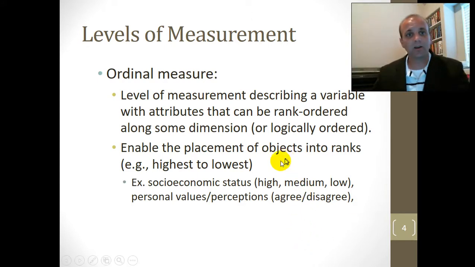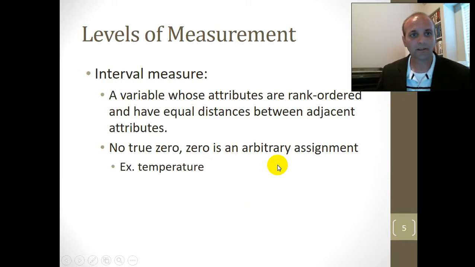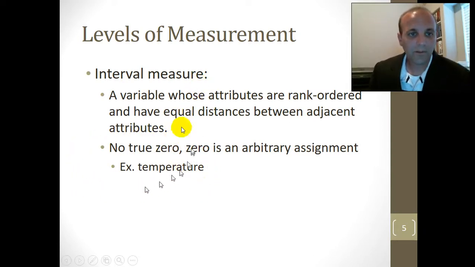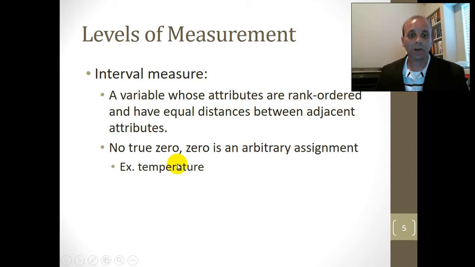So on that note, we go into a more complex level of measure. It's the interval level of measure. An interval measure is a variable whose attributes are rank ordered and have equal distances. All right, and equal distances is important. The one big thing you want to remember about interval level measures, there's no true zero.